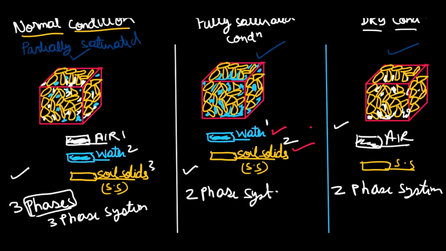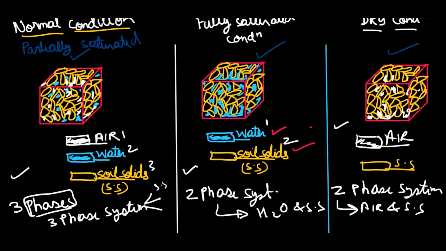But here the two components are air and soil solids, and here the two components were water and soil solids. Here all three components were present, that is soil solids, air and water. So this was about phase systems in soil, and this thing we have covered.